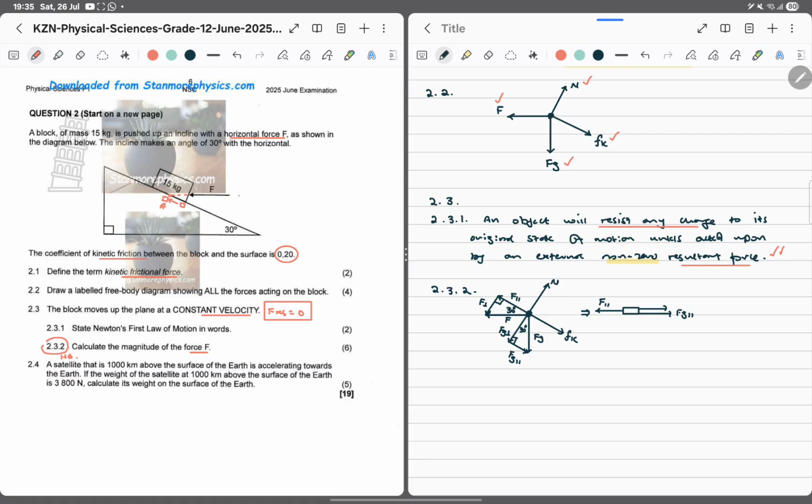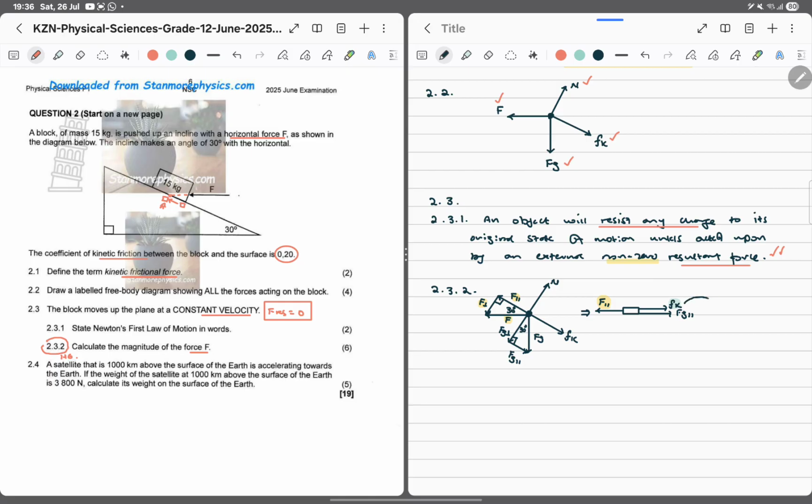We can say this is Fg parallel, that's Fk. So those are the three forces that are going to be responsible for the motion of this object. And we know that F parallel is related to F. So it should give us the magnitude of F. But then we have an issue here that, look, this Fk has not yet been determined.